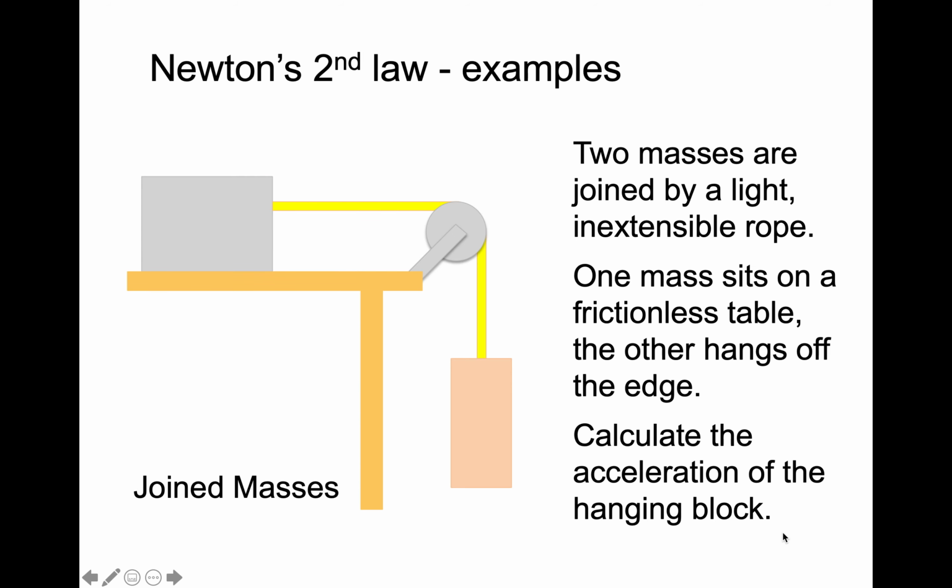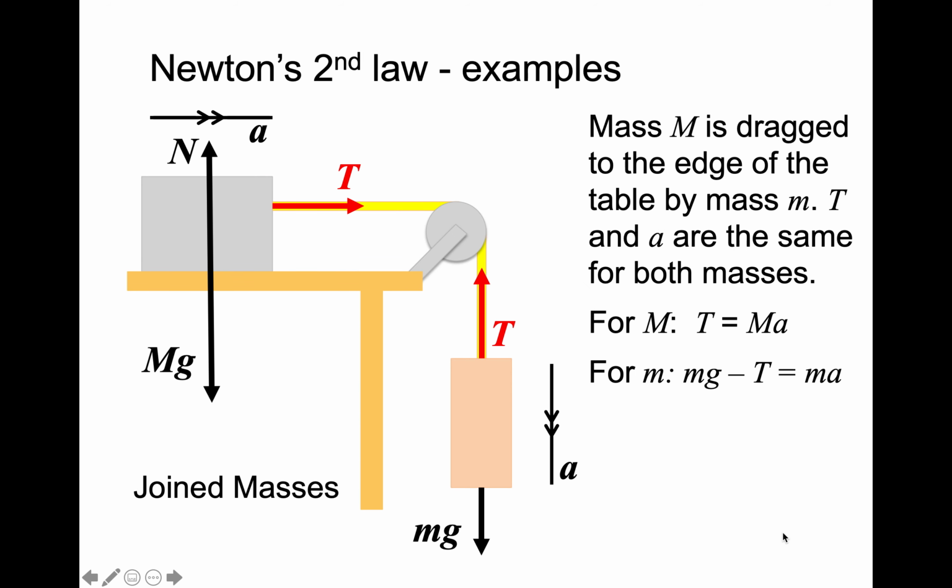Okay, so let's put this in a nice little diagram. Let's add all the forces so you can see, moving from left to right, the weight of the silver block is being cancelled by the normal force. There are the two tension forces, and on the right hand side you have the weight of the bronze block, and that weight must be bigger than the tension force because otherwise it would not be accelerating at all.